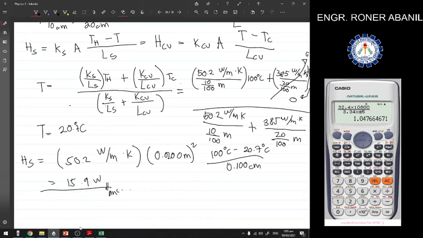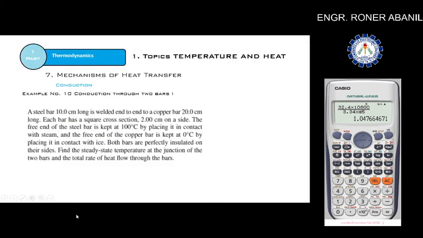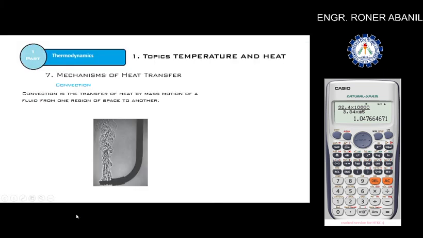Okay. Balik tayo dito. So, punta naman tayo sa tinatawag na convection. Convection naman is the transfer of heat by mass motion of a fluid from one region of space to another.